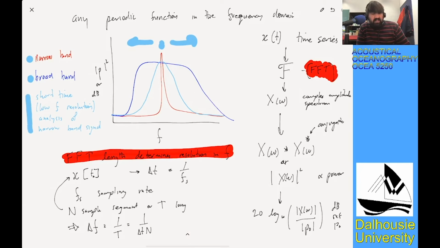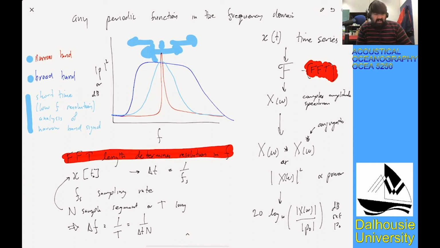So we take a very small time snippet of a narrowband signal, and because of the processing of that signal into the frequency domain, it will look like a broadband signal, right? So you can see this wider blue smush here. That's the same as the red signal, but we've used a shorter time, lower frequency resolution parameters to analyze it.